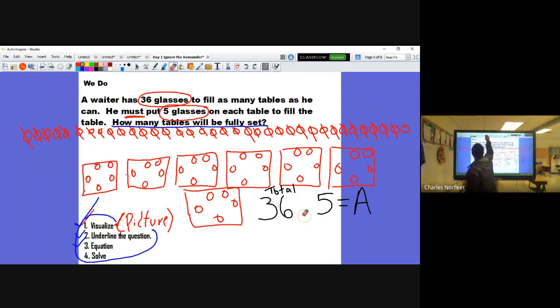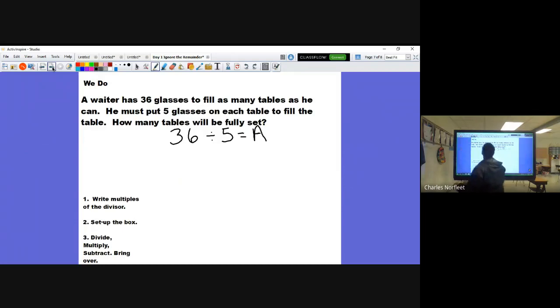Here we go. I think we got it this time. All right. So we have the equation here. 36 divided by 5 is equal to A.